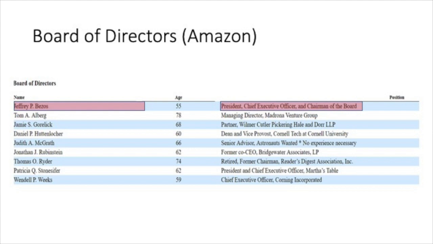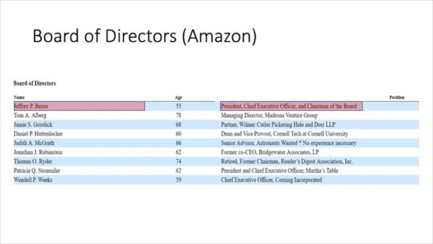Amazon has a more extreme case. If you look at Jeff Bezos, he's CEO. It means he controls company and also he's working as a chairman of the board. And he's also number one owner of this organization. So Jeff Bezos plays everything. He's major shareholder, I mean owner.